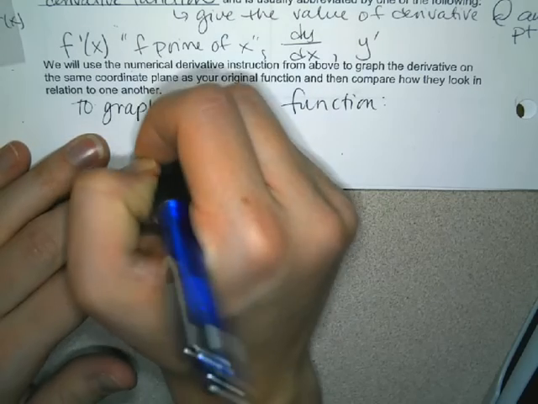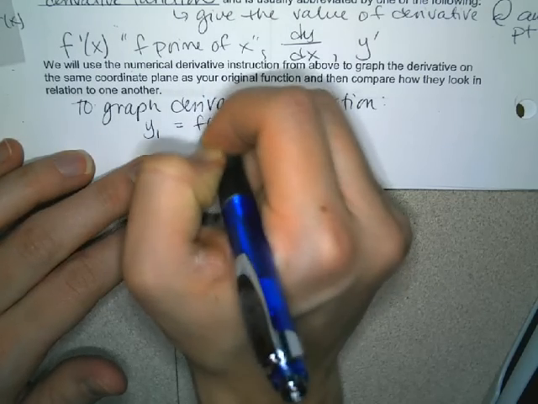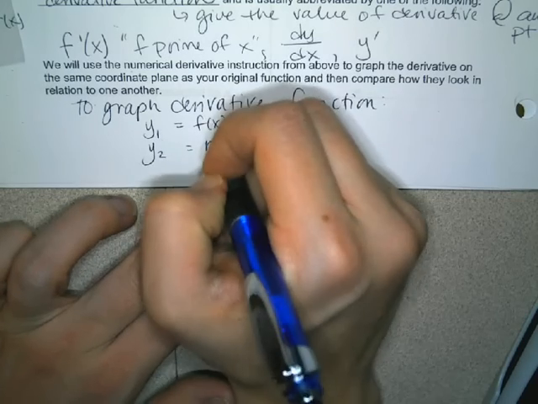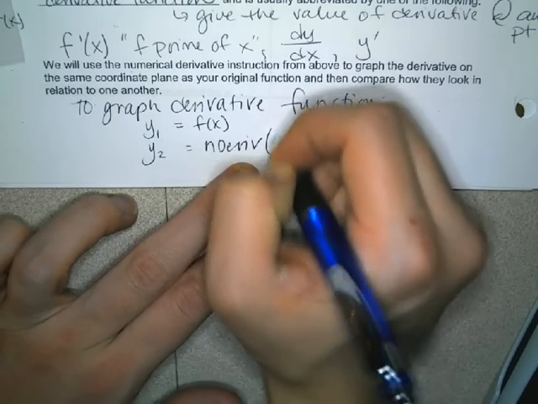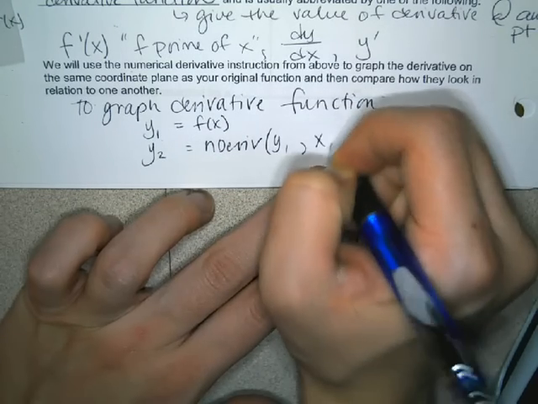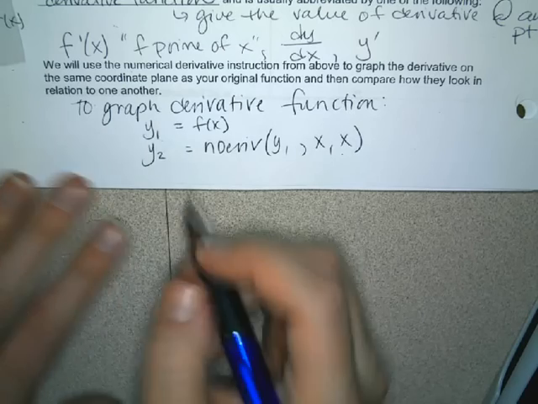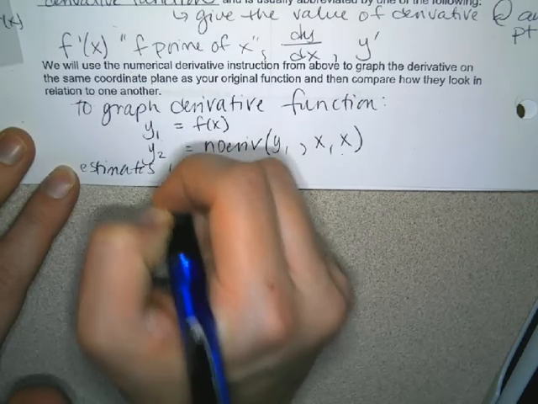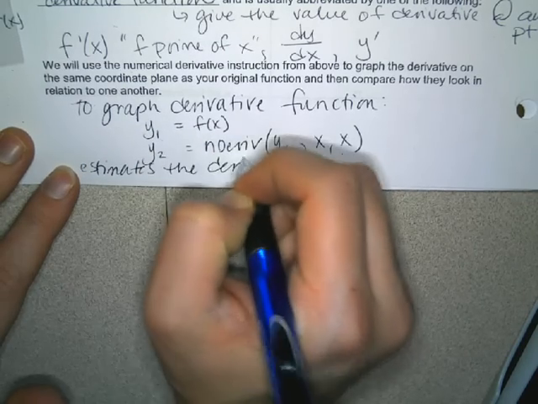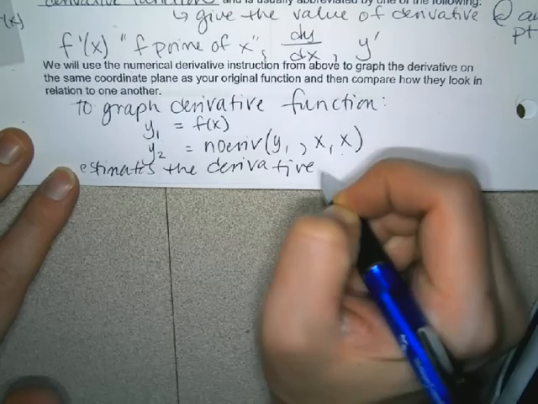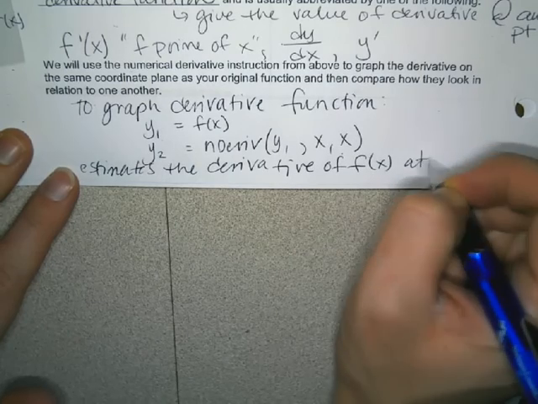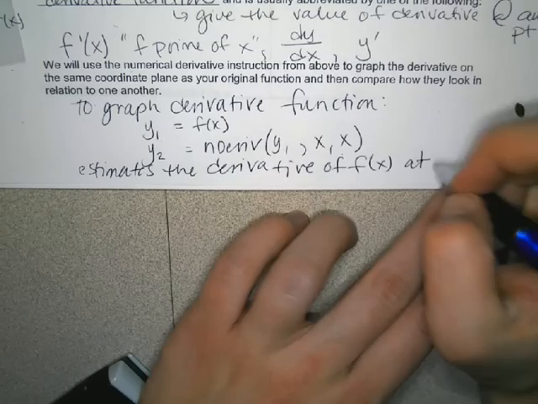In y1, you put your function. In y sub 2, you would put nDeriv(y sub 1, comma, x). And this estimates the derivative of f of x at any x value.